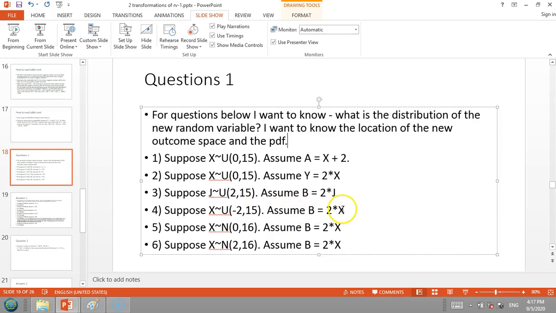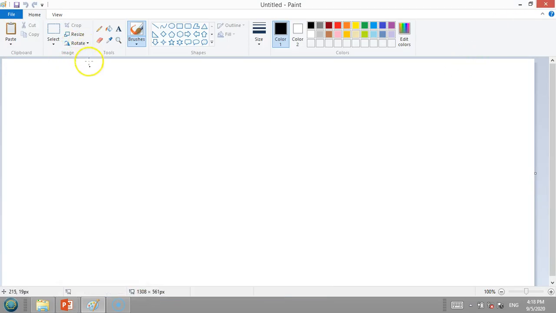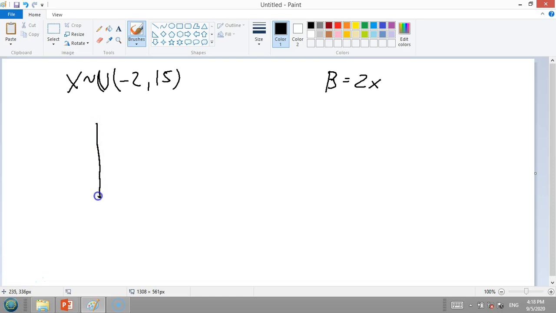B is again 2 times X. So what is the distribution of B? Again, I'm going to draw this out for you. It's going to look like this. And again, the parameters of the uniform are always the beginning and ending points. It's going to be -2 and 15, like this.